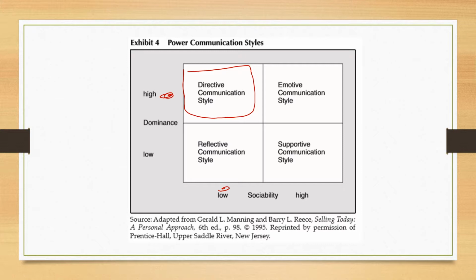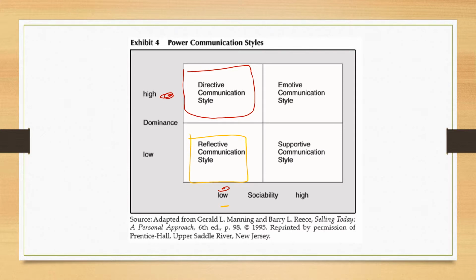And then if you have low dominance and low sociability, then that means you're more of the reflective communication style. Okay, and now that just means that sometimes you have to stop and think through the process, make sure you're very methodical in your thought process before you actually make any kind of action.